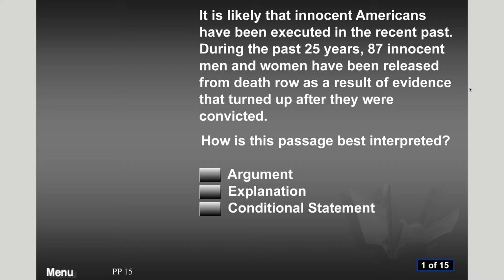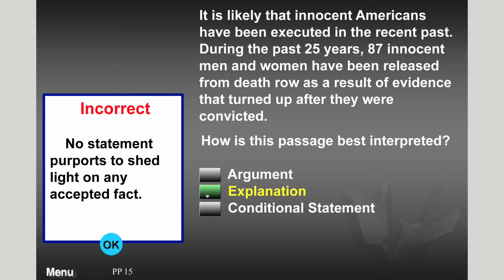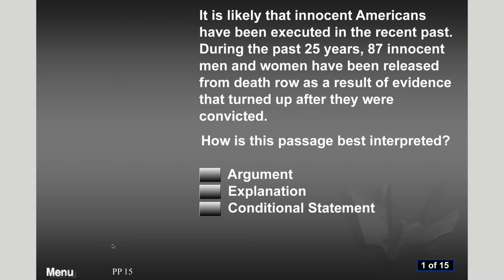Fortunately, it is still being argued whether innocent Americans have been executed in the recent past. And so it is not simply an explanation, right? Because no statement here purports to shed light on an accepted fact. But in every conditional statement you will get, for at least the time being, you will get if. You may not get then, but the then is implicit.